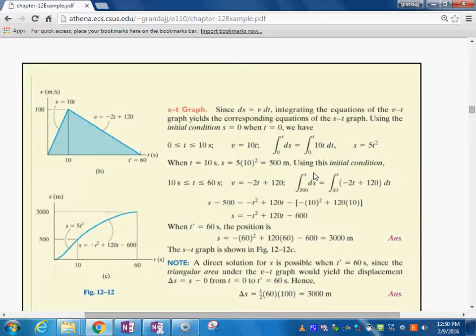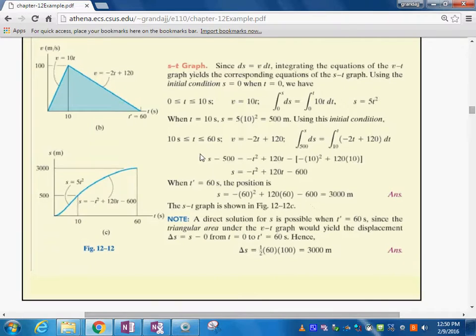So let's examine what happens when the time is 60 seconds. So you have an initial parabolic curve here, and you have over here another one.